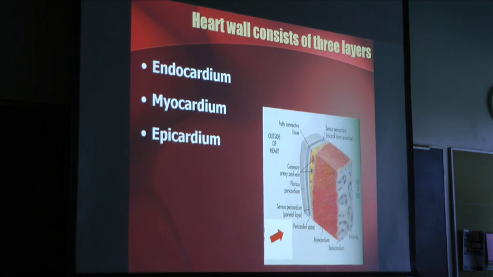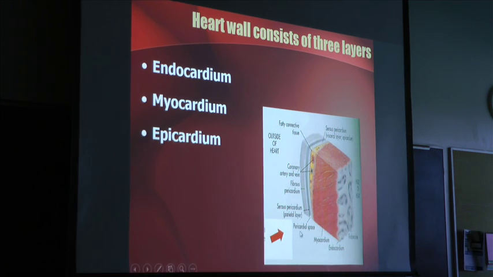Question? You said the two layers that made up the pericardial sac were visceral and parietal. Parietal, P-A-R-I-E-T-A-L. Does it have it on this slide?